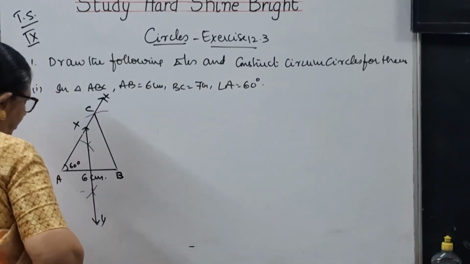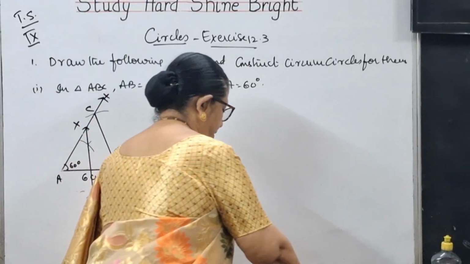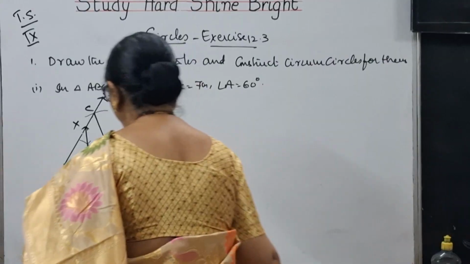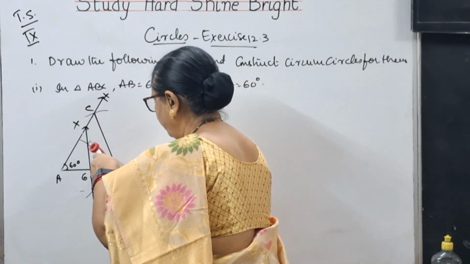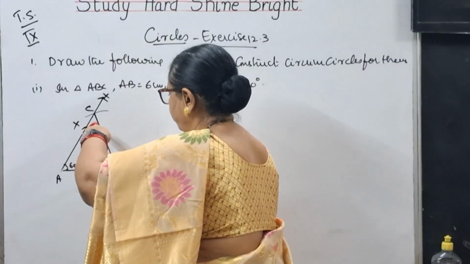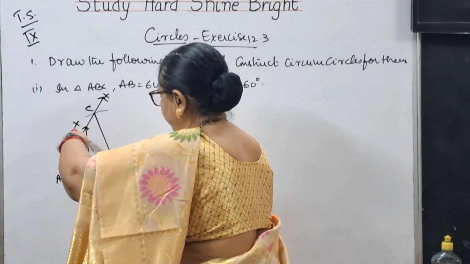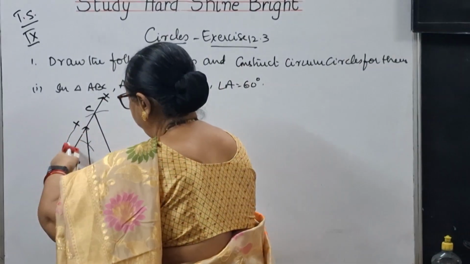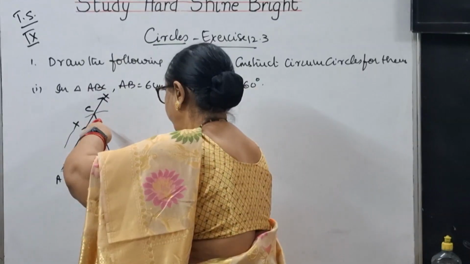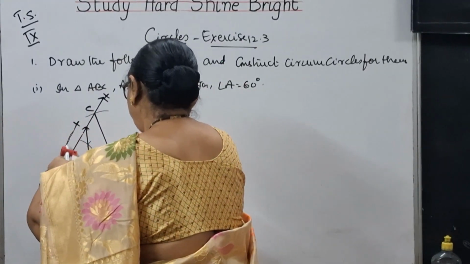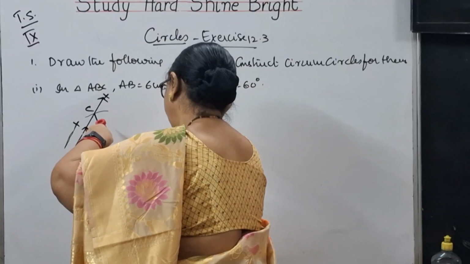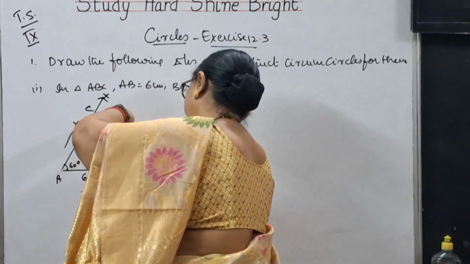Next, either BC or AB, anything, you have to take. I am taking B, more than half of BC as radius. I should draw an arc here and an arc like this.